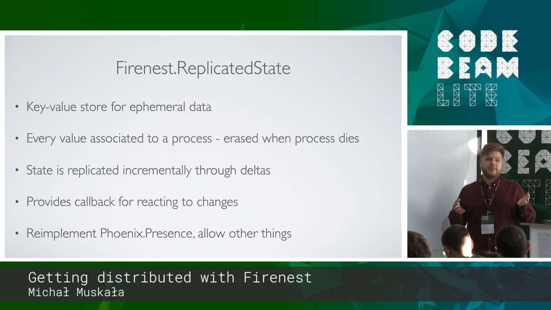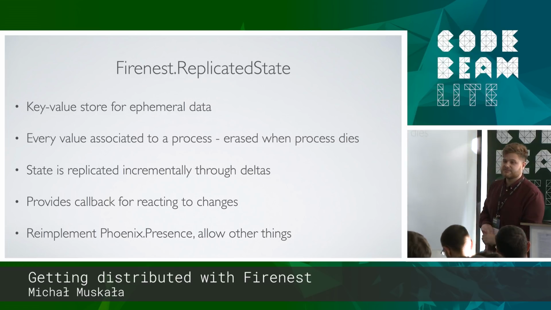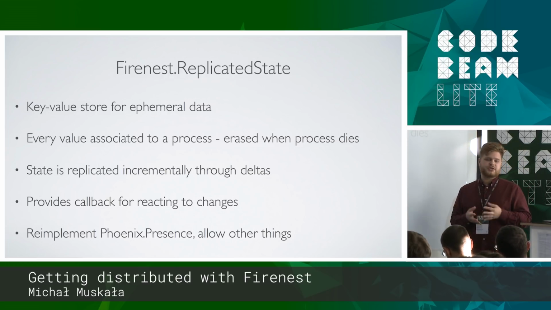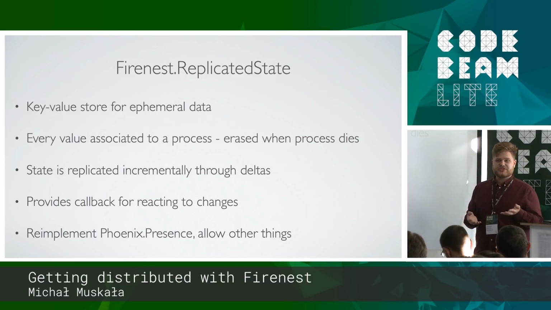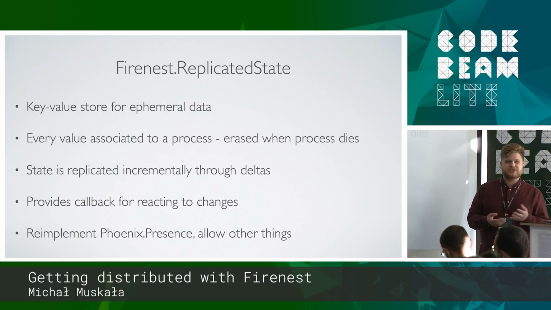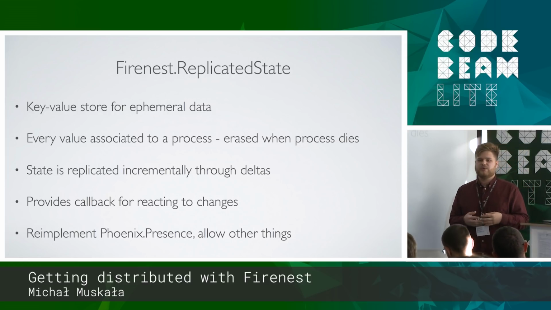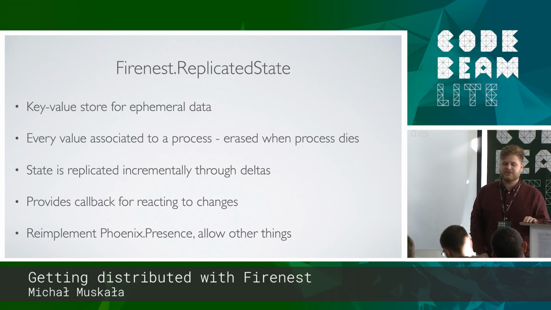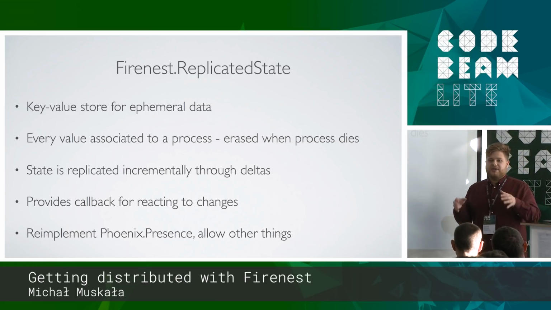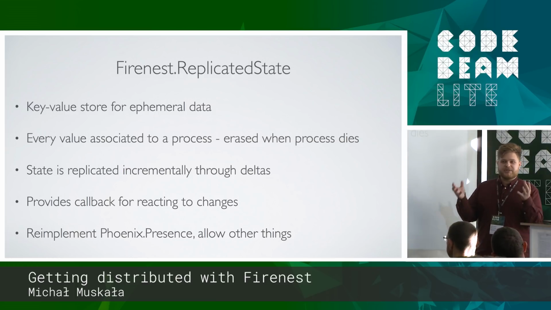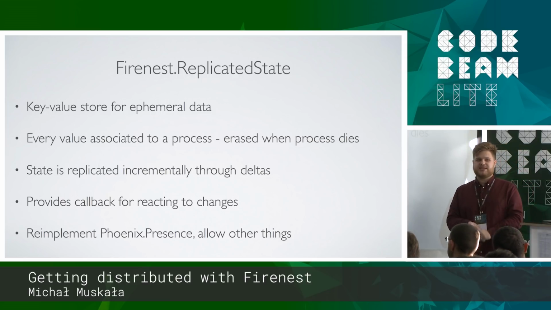And as I said, the main goal is re-implementing Phoenix presence with a different approach, without the CRDTs this time. One of the things we realized when we were trying to optimize the CRDT in Phoenix presence was that the CRDT solves the problem of conflicts, when you have multiple nodes trying to write to the same data.